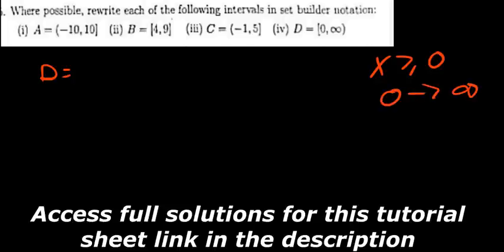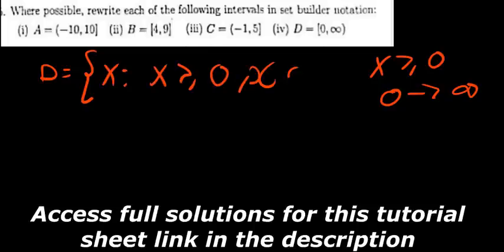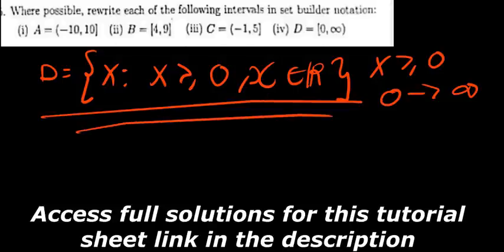So this one is just direct. x is such that x is greater than or equal to 0, then x is a member of all real numbers. That's the answer. So set builder notation is not complicated. Again, it is possible to go from set builder notation to interval notation. Okay, so that is it for question 5.